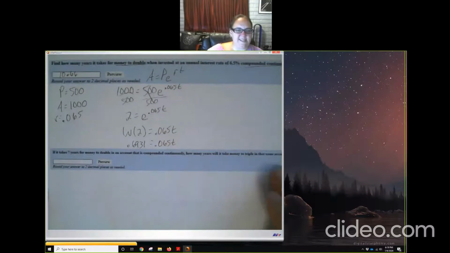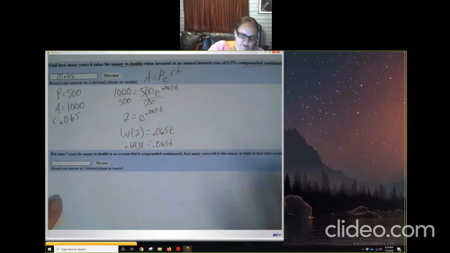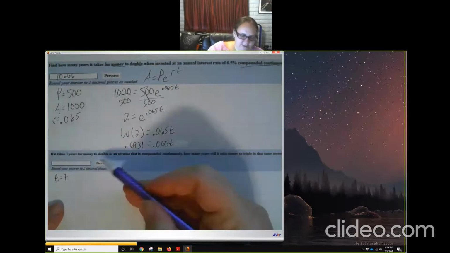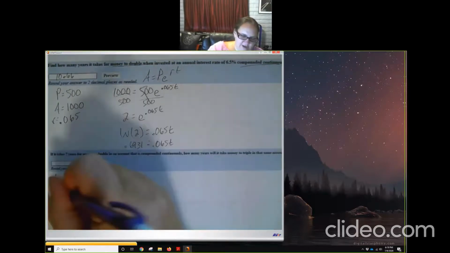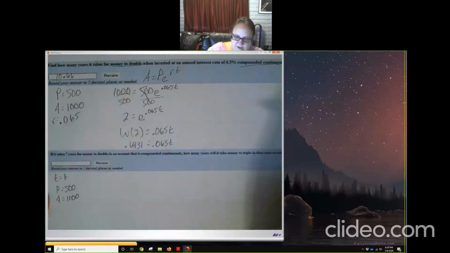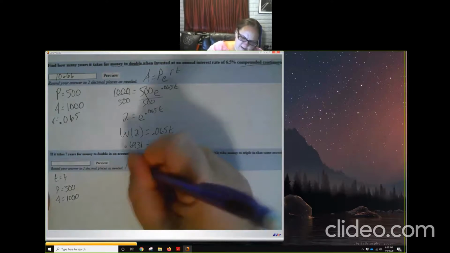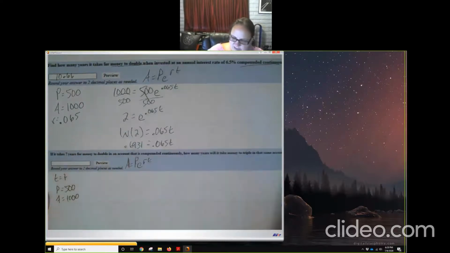So if it takes 7 years for money to double, so again, let's say that my P was 500 and my A was 1,000, in an account compounded continuously, how many years will it take for the money to triple in the same account? Okay, so first of all, we need to know the rate, because they didn't give that to us.